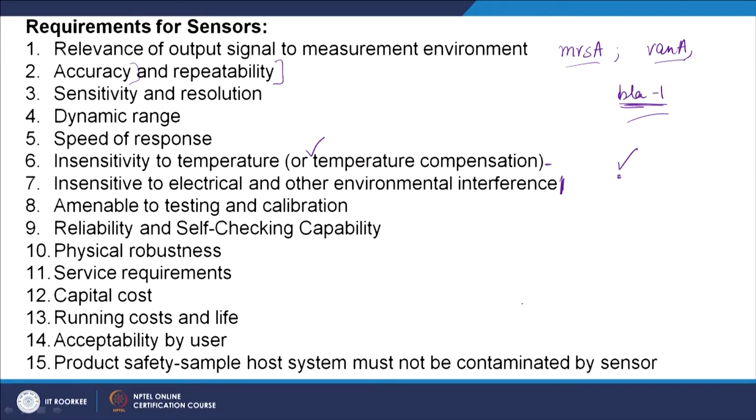For example, let us say in lab you had a sensor to detect MRSA, VAN-A and BLA1 gene. Very good, it worked perfectly. Now, you go to Upper Ganga Canal in Roorkee, or you go to river Yamuna, or you go to river Tapti, which is pretty clean, but you go to other rivers that are in really bad state, and then what you notice is that it's going haywire. Your sensor is giving you data that does not make sense. Why? It's quite possible that you have other interfering agents that are not letting you get good data.